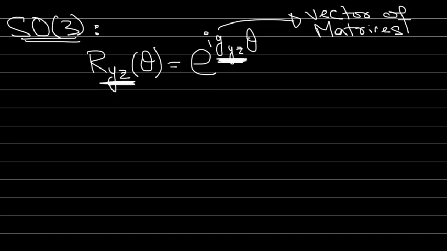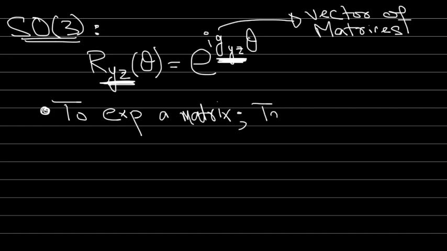Okay. Now, because it is a vector of matrices, it's actually a matrix. So how do we exponentiate a matrix? Well, to exponentiate a matrix, you simply expand it in a Taylor series.